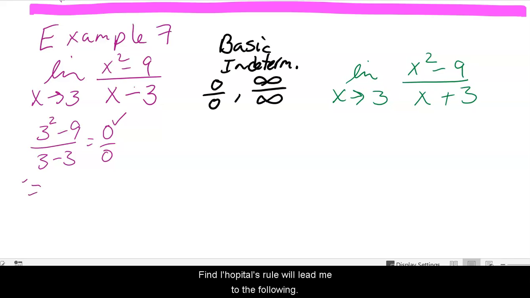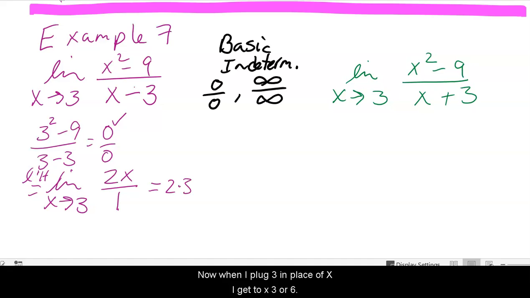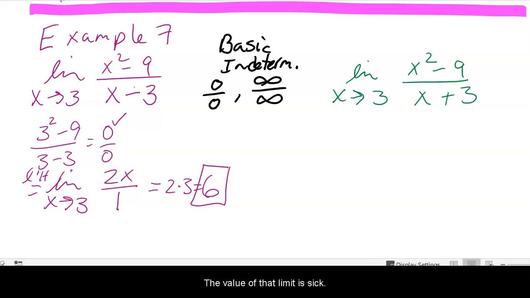Applying L'Hopital's rule will lead me to the following. I get the limit as x is approaching 3 of the derivative of the numerator by itself, which is 2x, over the derivative of the denominator by itself, which is 1. Now when I plug 3 in place of x, I get 2 times 3, or 6. The value of that limit is 6.